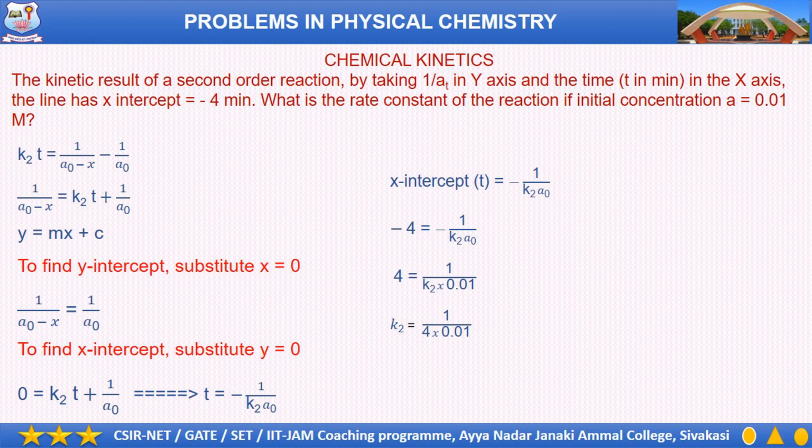X-intercept equal to minus 4 minutes. What is the rate constant of the reaction if the initial concentration A naught is equal to 0.01 molar?